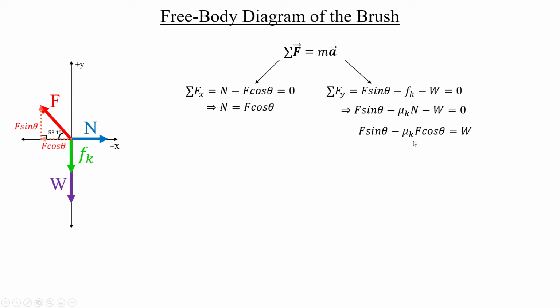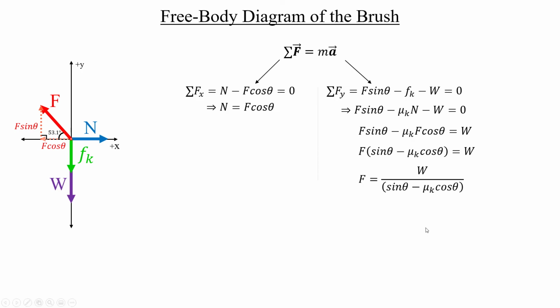Since I have F in both terms, I'm going to factor it out, and so I'm left with F multiplied by everything here in the parentheses. I can divide both sides of this expression by everything in the parentheses, and that gives me my expression for the magnitude of the applied force F. It's in terms of everything that we have already. We were given W. We were given theta, that's 53.1. We were given mu sub k. We know everything. So let's plug it in and finish off part A.